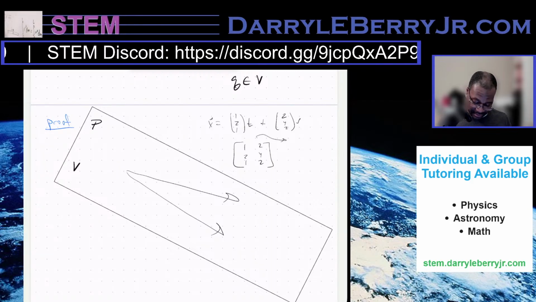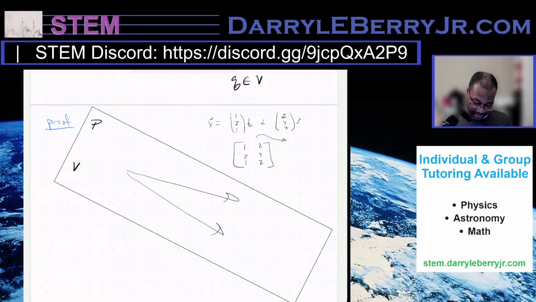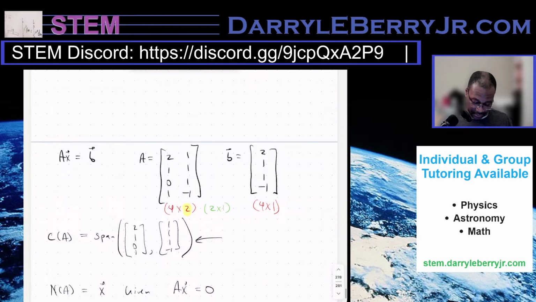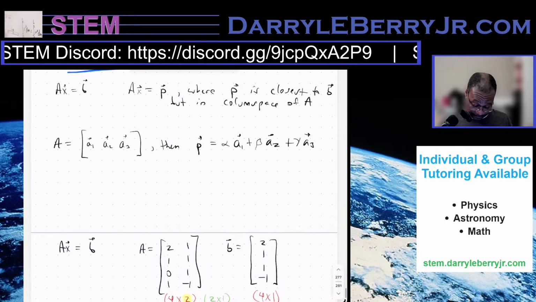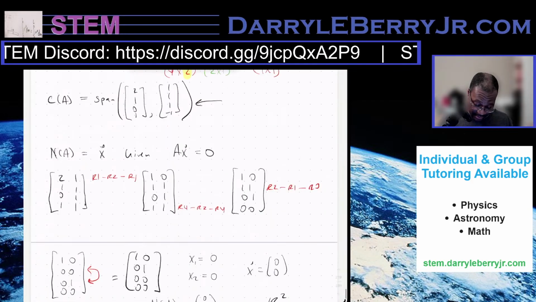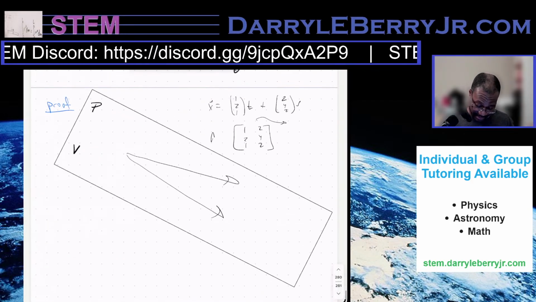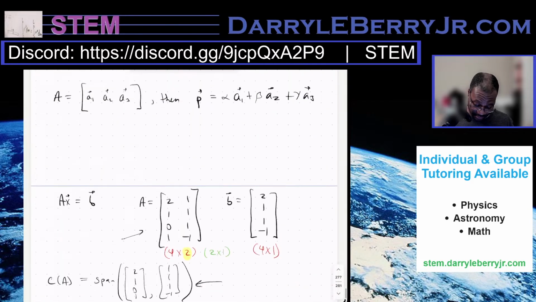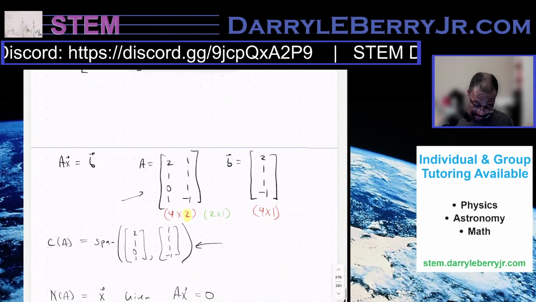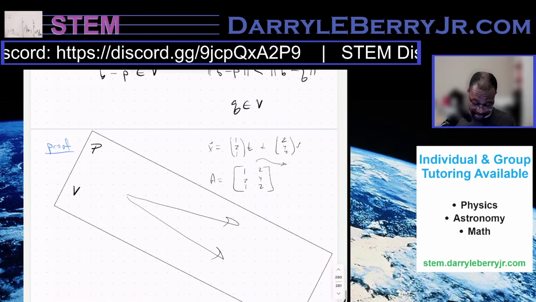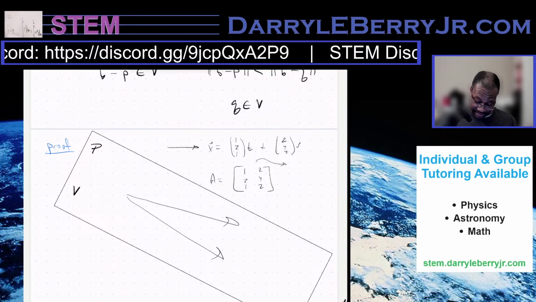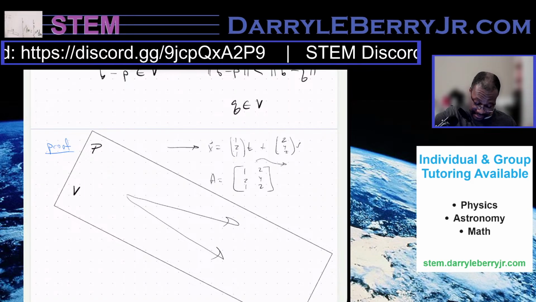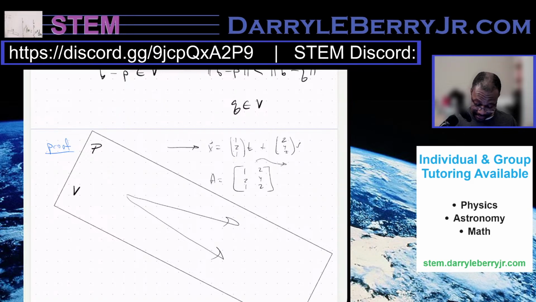So the column space is all the points inside a vector space, or a plane, for instance, or hyperplane. So this would be similar to saying that this is A, and you can pull the vectors out and make them linear combinations. This is what it seems they're saying. They started with a parametric form and made it a matrix, and that matrix ends up being the span. The column space of the matrix is the span of the space.